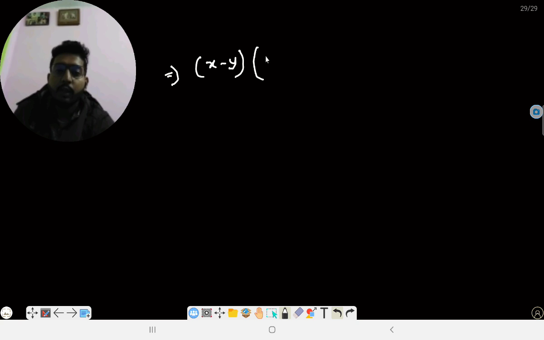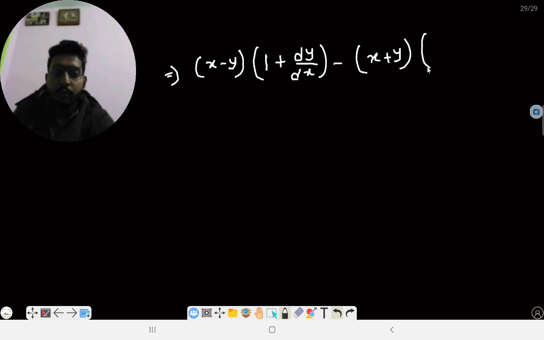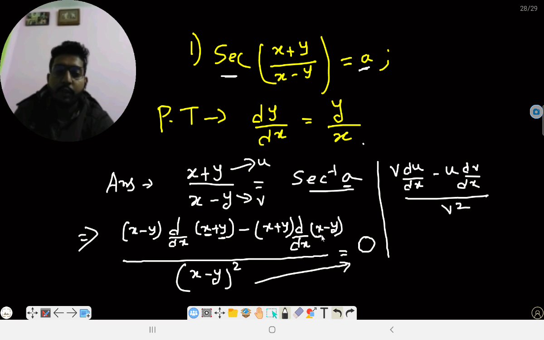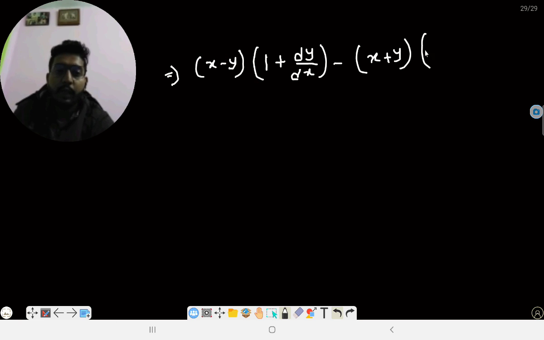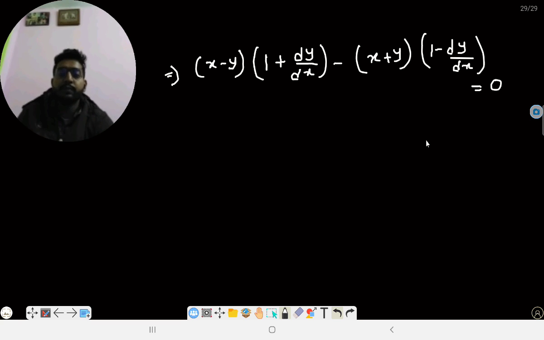So that will be 1 plus dy/dx, minus, again it will be (x plus y) into differentiation of x minus y, that means differentiation of x will be 1 and differentiation of y will be dy/dx. So that will be 1 minus dy/dx, and it will be equal to 0.